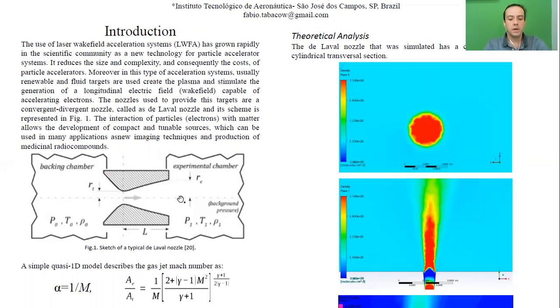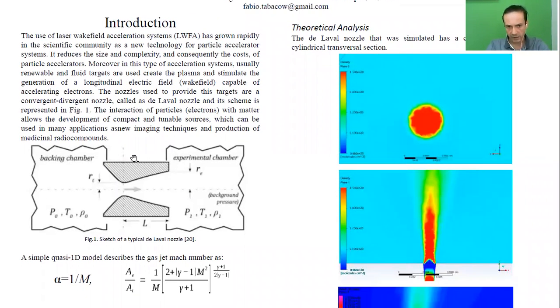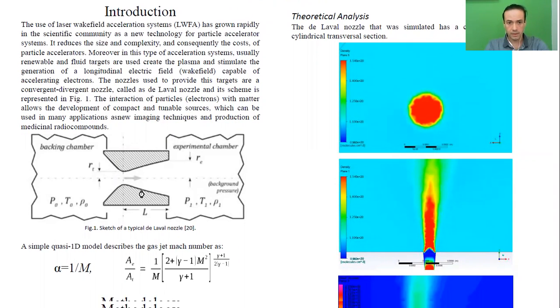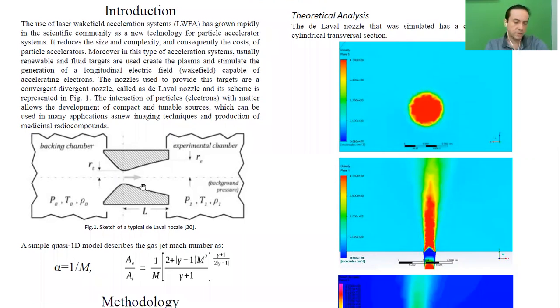The nozzles that can accelerate the gas jet in a supersonic flow are called de Laval nozzles. It's a convergent and divergent nozzle that can accelerate the flow.